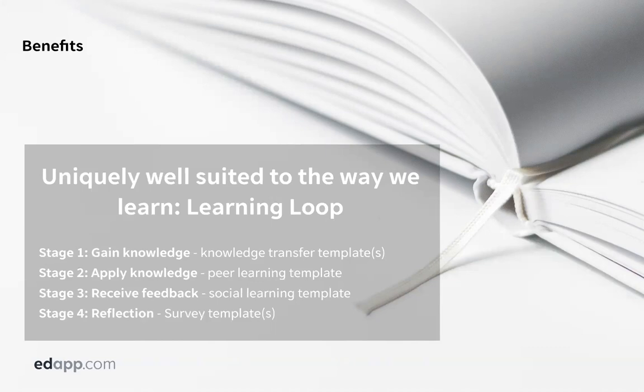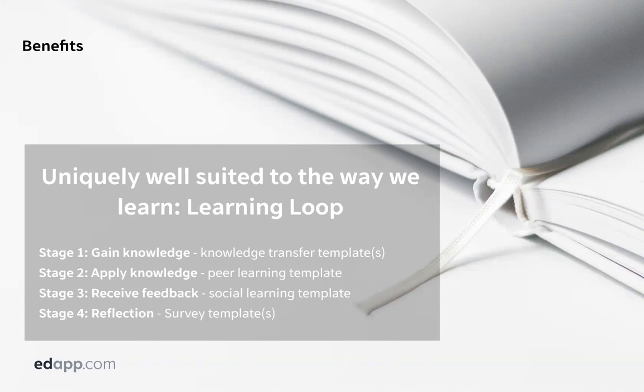So in stage 1, what you could do is have that knowledge transfer first. That's where you say, this is a theory about negotiation, and this is the organization's key negotiation principles. In stage 2, you would then apply that knowledge, and you can use peer learning to do so by simulating a situation where employees put that theory into practice by practicing with each other.